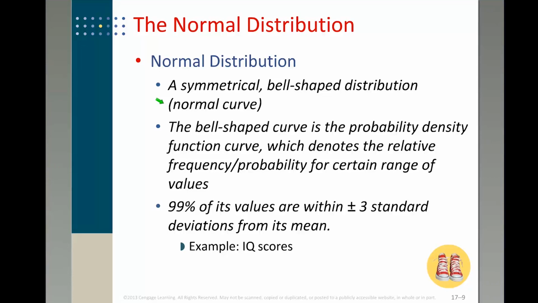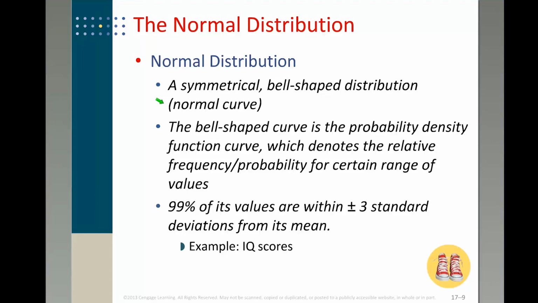Now, I'm not talking about mixing gender or mixing races. I'm talking about, let's say, just females. Most females have similar height, and there are females who are really tall and females who are not so tall. So that is a normal distribution.